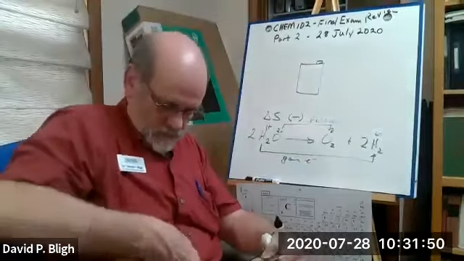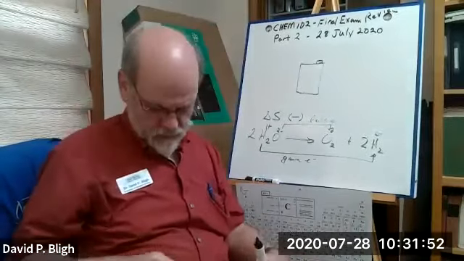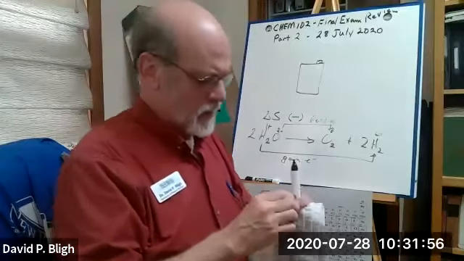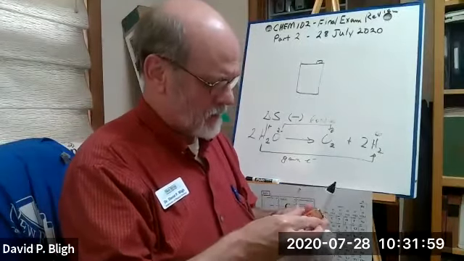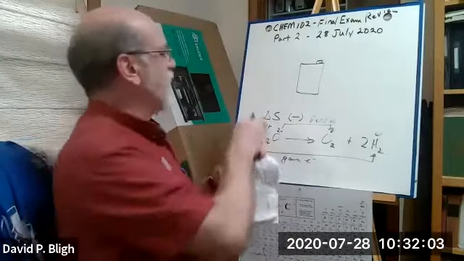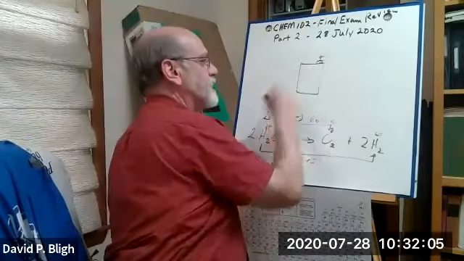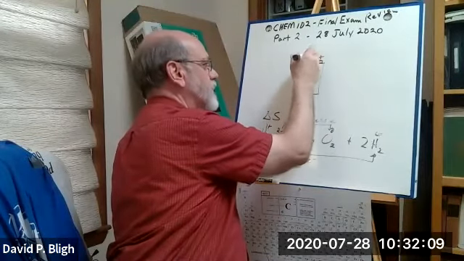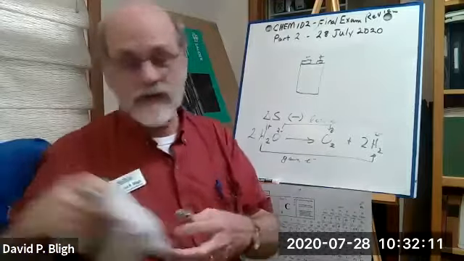Here we go. Here's a 9-volt battery. Nope. The small one is positive. And the big one is the negative.